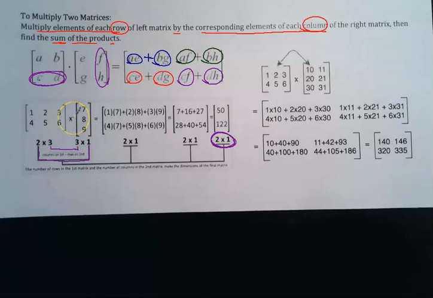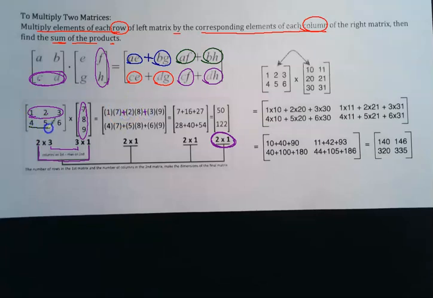Sometimes it's easier to see how to do it in a smaller matrix. So I'm going to take this row and multiply it by this column, 7, 8, 9. So I do 1 times 7, 2 times 8, 3 times 9. But notice they're all being added together after I find their products.